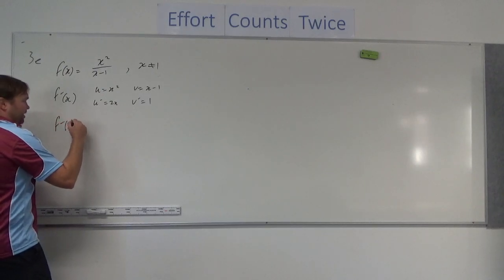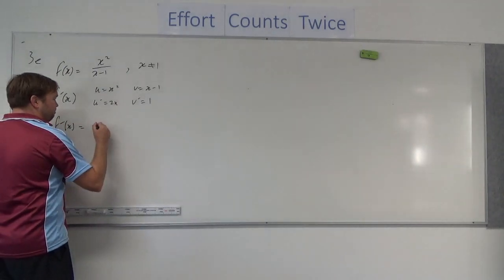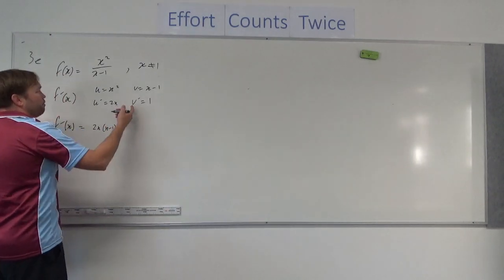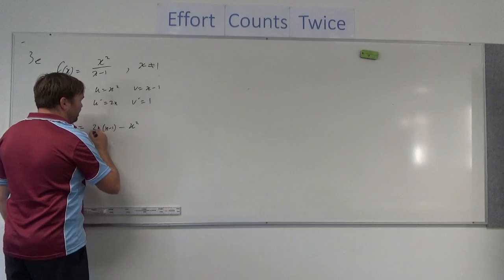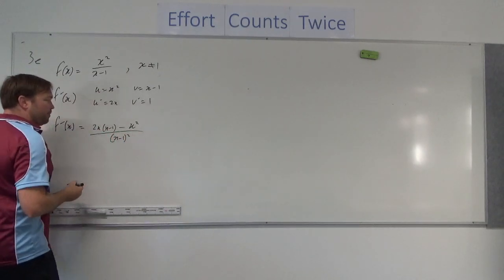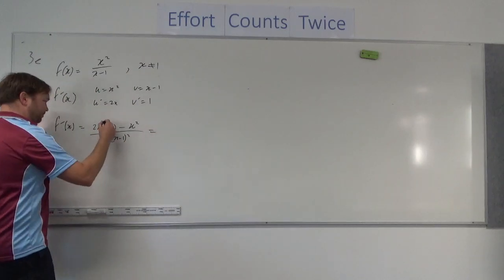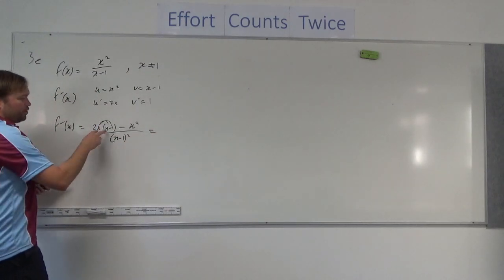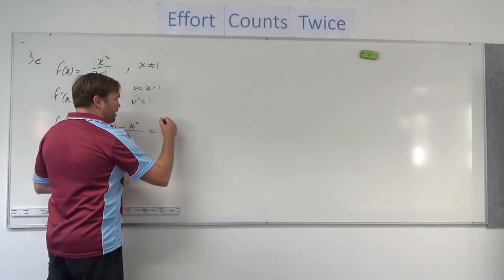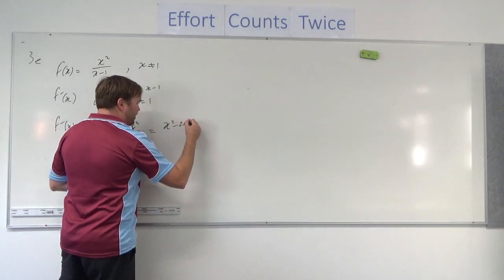F dash x equals u dash v minus v dash u over v squared. This is going to take a little tidying. On the top, 2x squared take 2x minus x squared will be 1 lot of x squared take 2x.